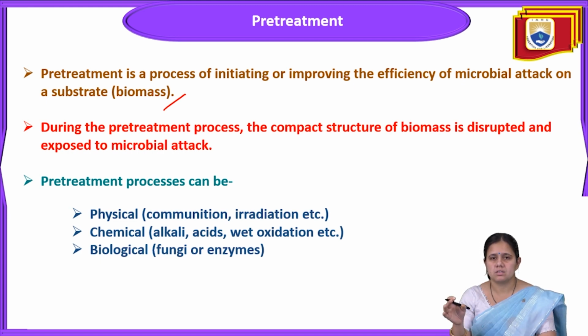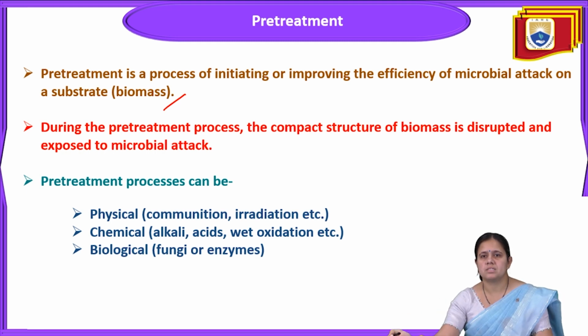So when it comes in contact with microbial activity, the structure is disrupted, and the substrate can work better during the microbial attack process. This pre-treatment is very important before we add the residue into the anaerobic digestion chamber.